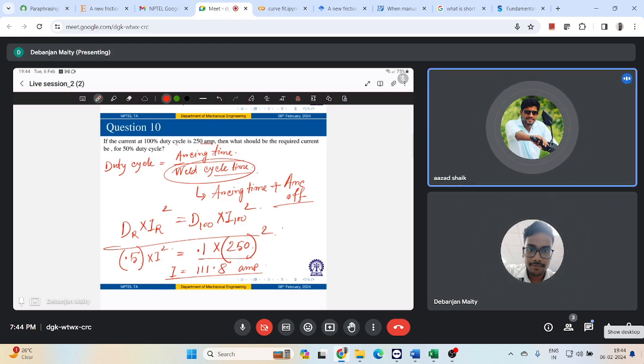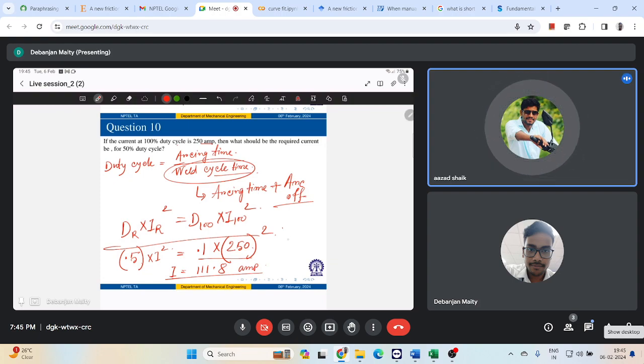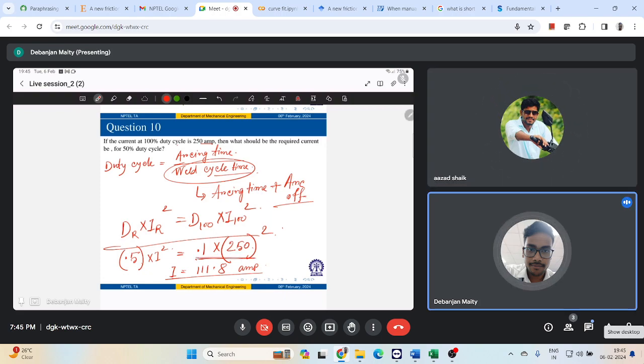Then 3125 divided by 0.5 is 12,500, and then the square root of 12,500.